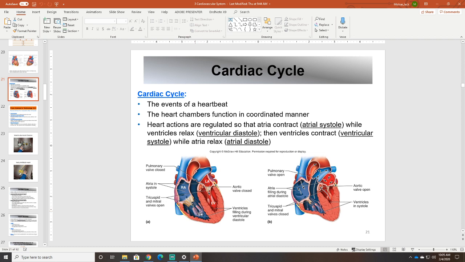Now, the right ventricle, as we continue to contract, we're going to continue to build up pressure in the ventricle. Same on the left side, but I'll just talk about the right for now. Once the pressure in the ventricle is higher than the pressure in the pulmonary trunk, then the pulmonary valve will open up and blood will flow out of the right ventricle into the pulmonary trunk.